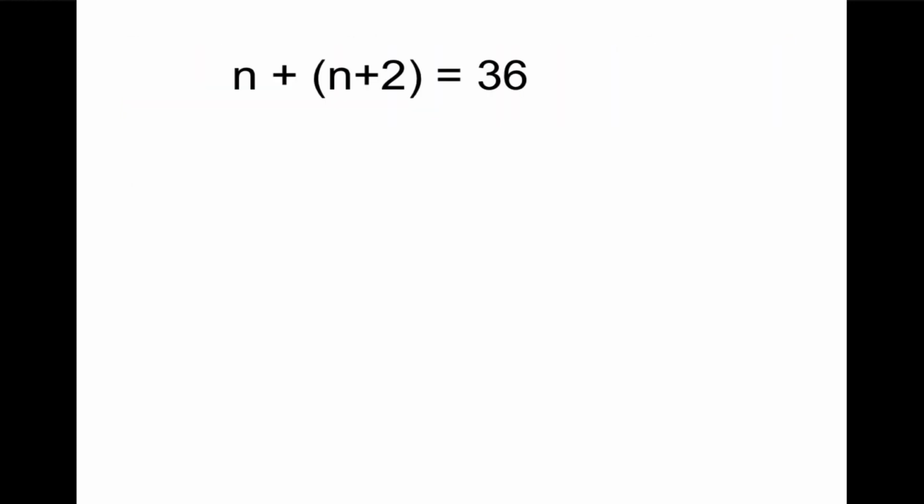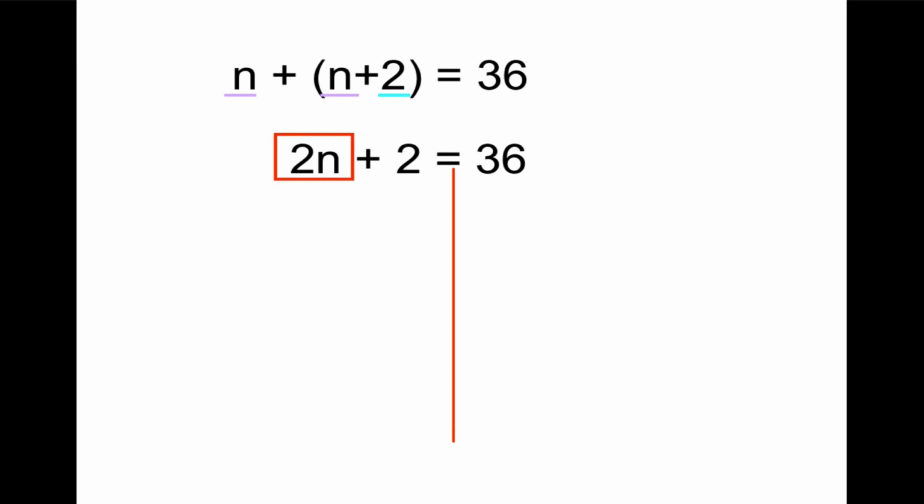Once again, we have a multi-step equation, which we begin by using our associative property to group the n's together. N plus n is 2n, and 2 is unlike. So we have 2n plus 2 equals 36. In a two-step equation, step 1, add or subtract.